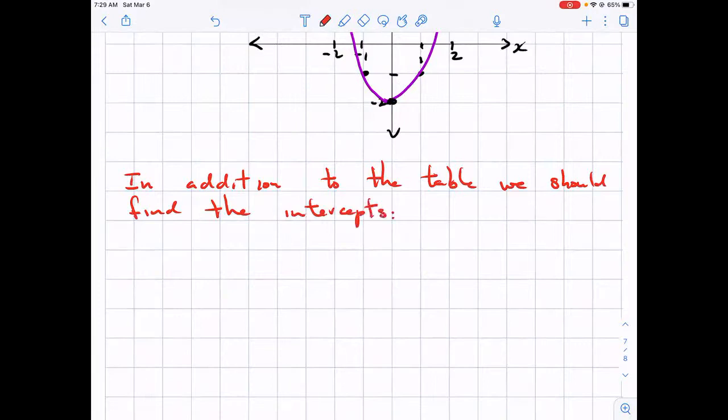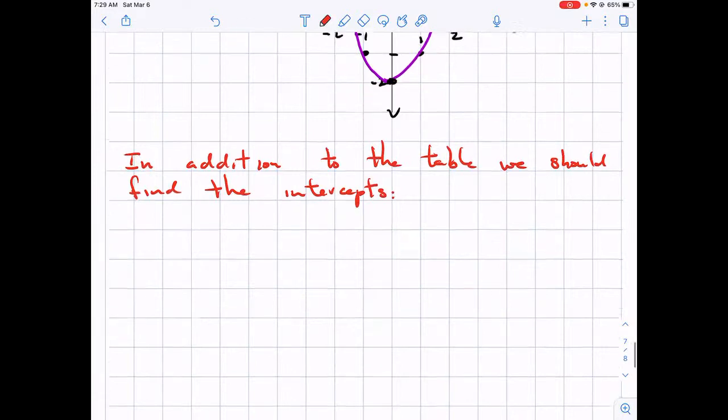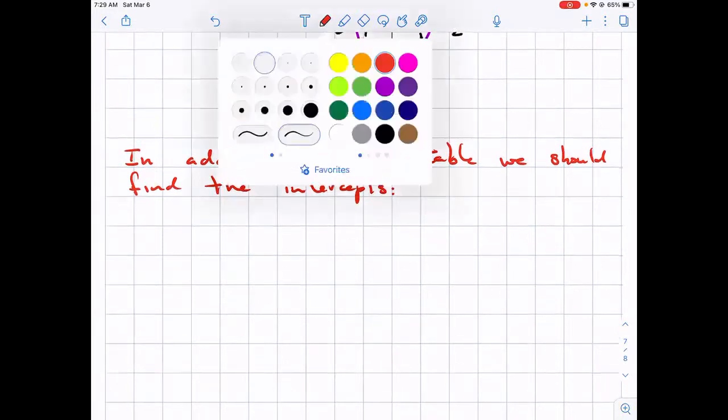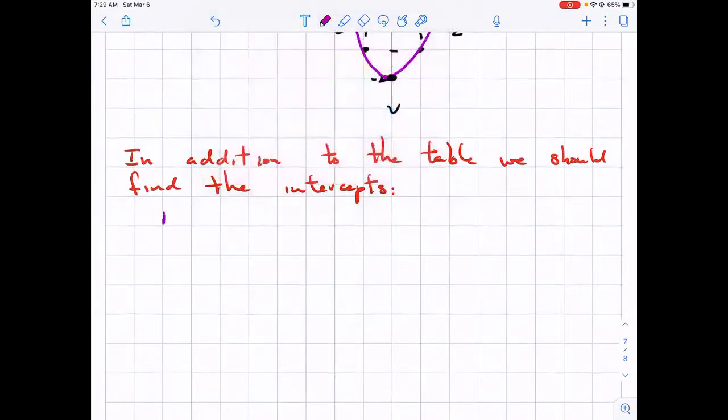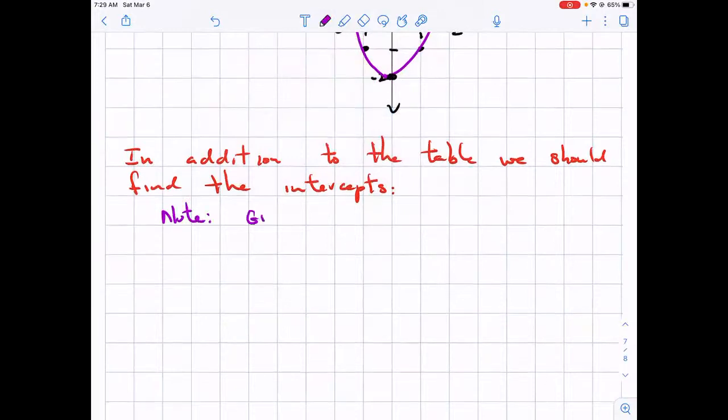Okay. And remember, there are 2 types of intercepts, okay? Now some graphs, you will notice, so note, graphs may or may not have X and Y intercepts.